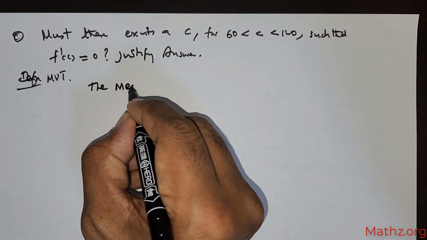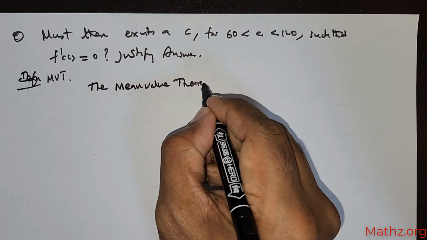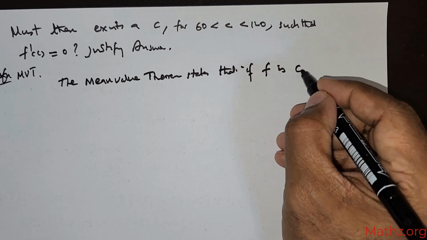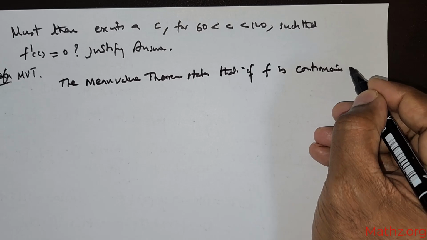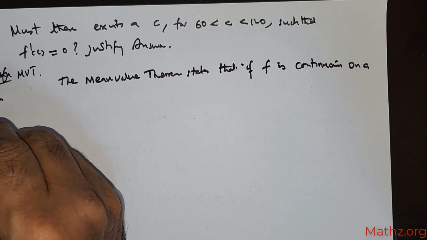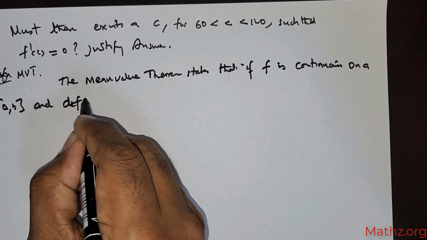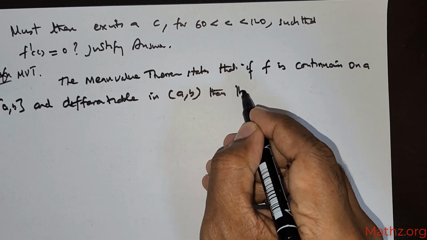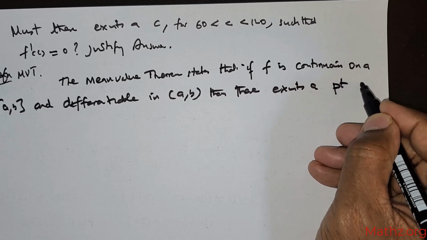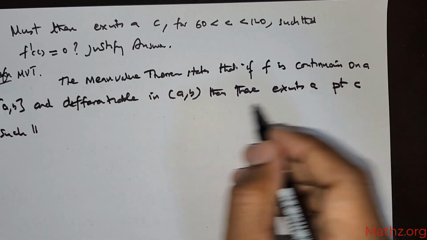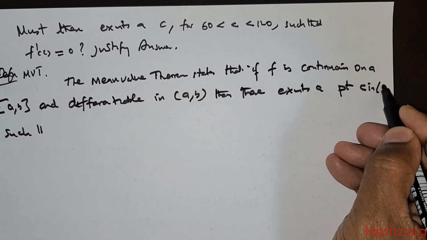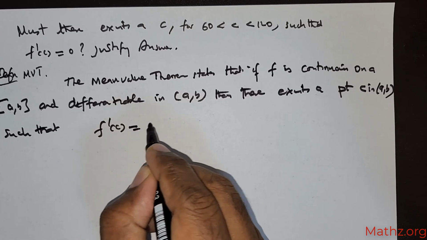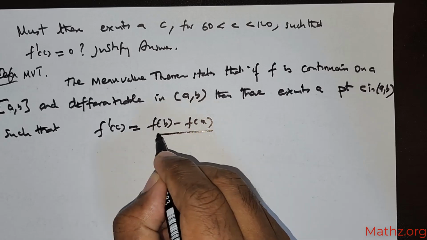The mean value theorem states that if f is continuous on a closed interval, say [a, b], and differentiable in the open interval (a, b), then there exists a point C in the open interval (a, b) such that f dash of C is equal to f of b minus f of a divided by b minus a.